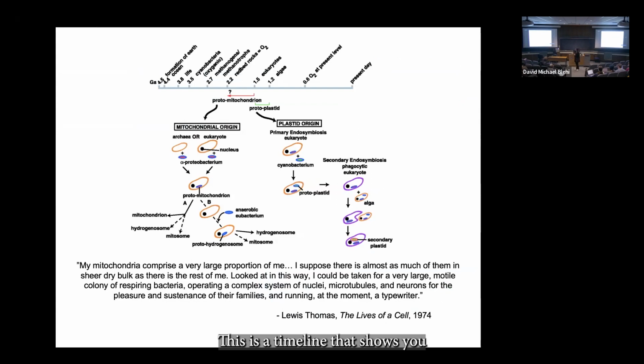This is a timeline that shows you, here's the formation of the Earth and here's the present day. Sometime in this time range, which is really poorly constrained even today, eukaryotic cells acquired what would become mitochondria.